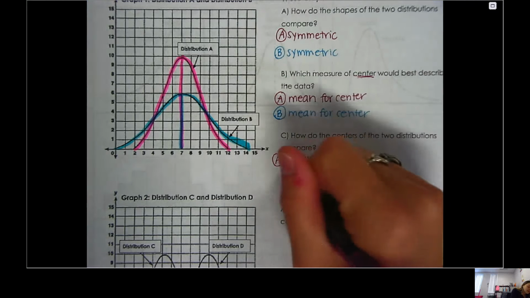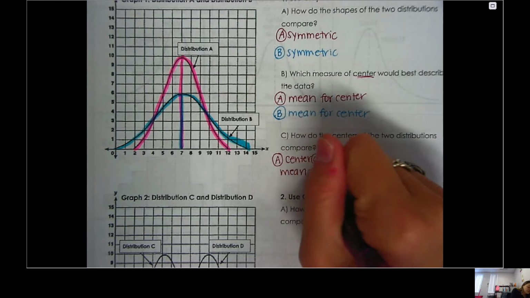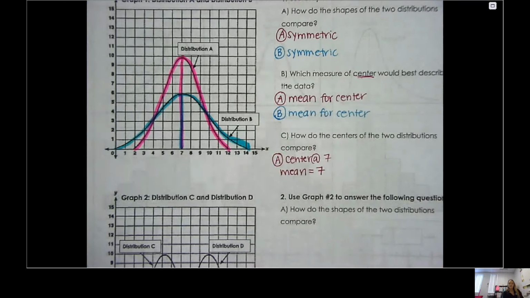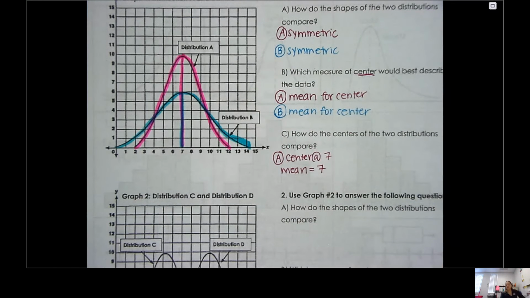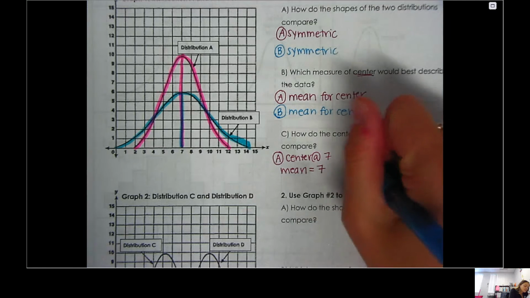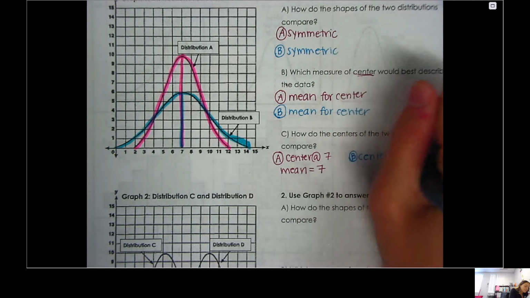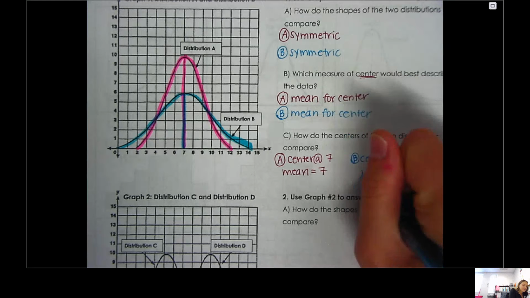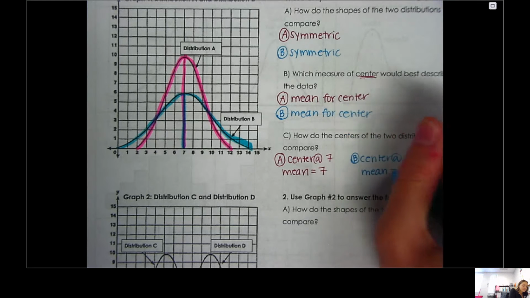That means the mean or the average is 7. What would be the mean or the average of distribution B in blue? It's 7 again. It's the exact same thing. My center is at 7, so my average is 7.